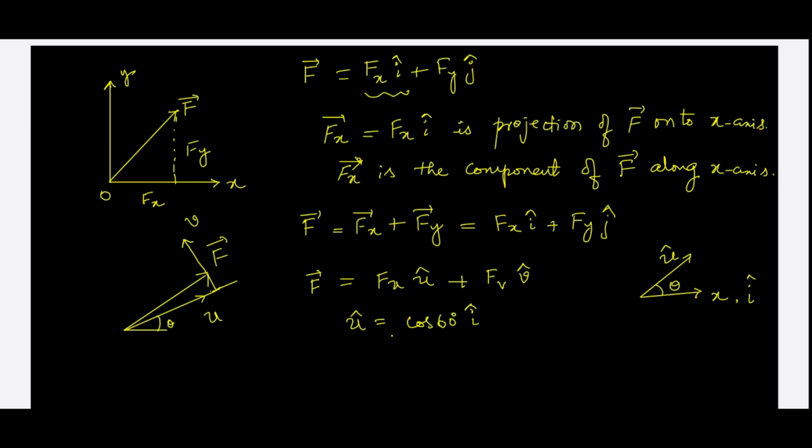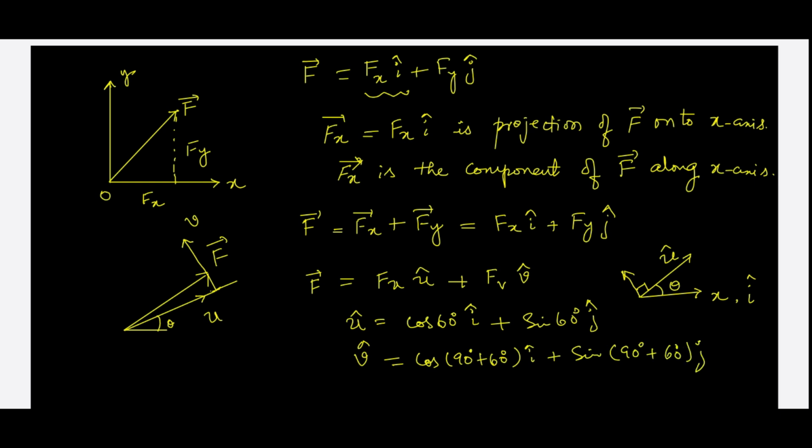Magnitude is 1, right? And my v cap unit vector, which is perpendicular to u cap, is cos(90 plus 60) degrees i cap plus sine(90 plus 60) degrees j cap, right?